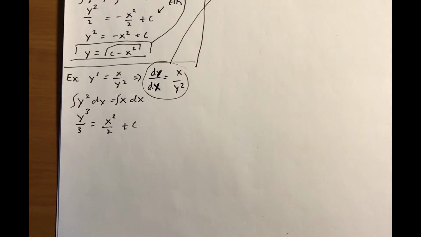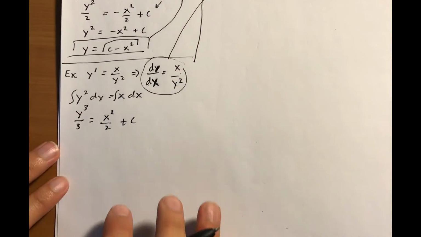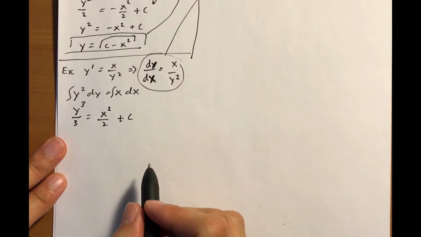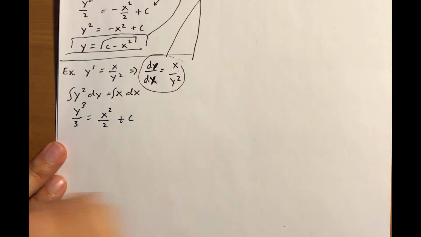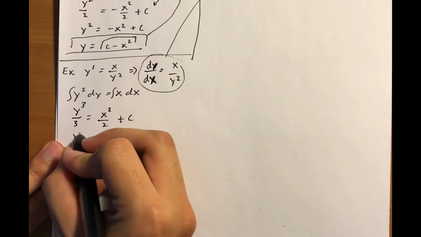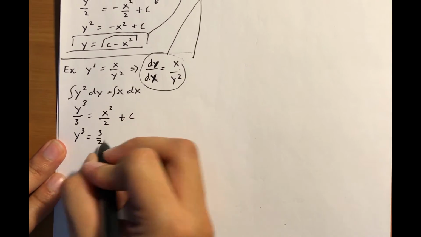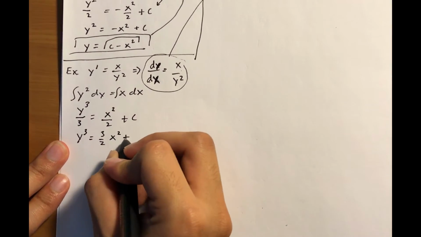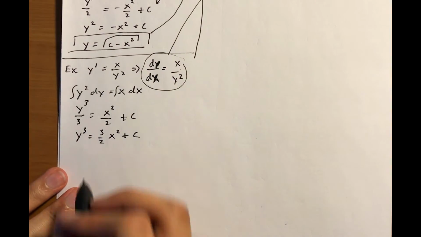Once again, we can leave the y variable alone by doing a little algebra, multiplying by 3, and then cube rooting it. So that's what I'm about to do. Plus c, and now we can root it.